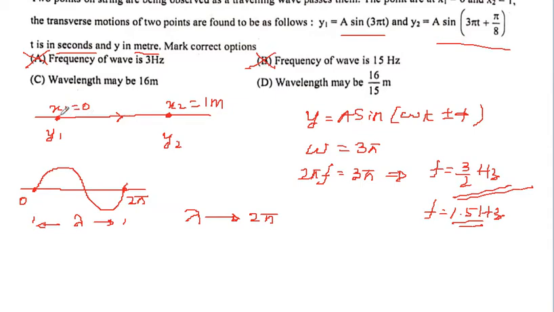Now what is the horizontal displacement from x1 to x2? It is x2 minus x1. What phase does that correspond to?